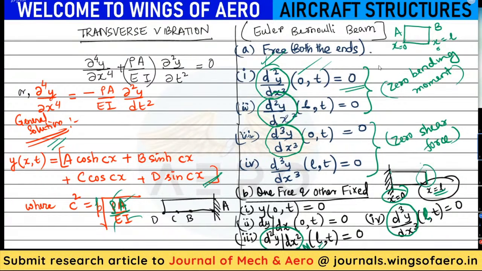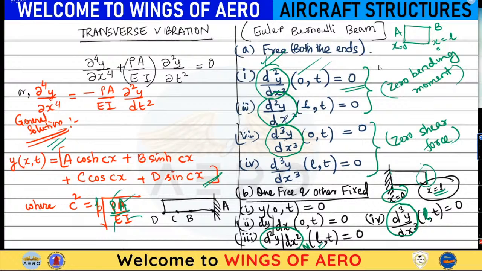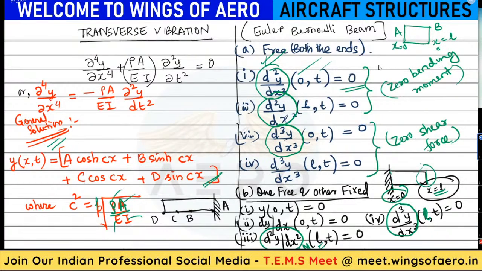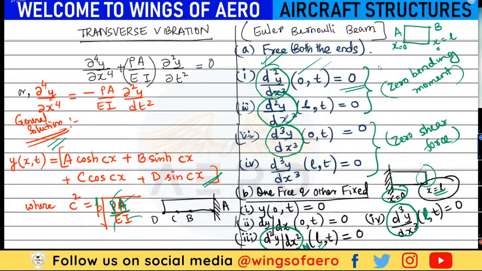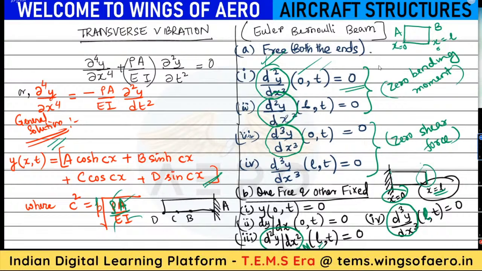Ma'am, y is equal to displacement and dy upon dx equal to deflection? Can you repeat once again, Mohit? Y is equal to displacement, and dy upon dx equal to deflection theta. Whenever it is getting displaced, deflection is one kind of displacement only, we can say, right? Here we are referring in terms of magnitude.